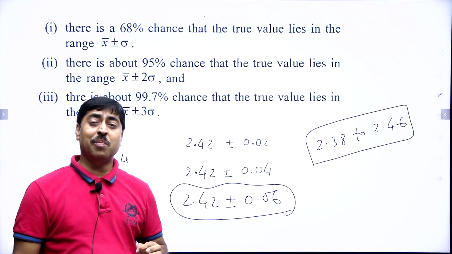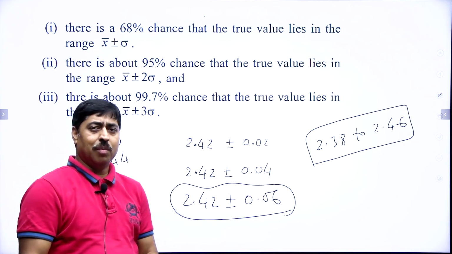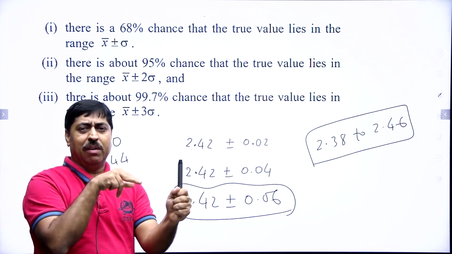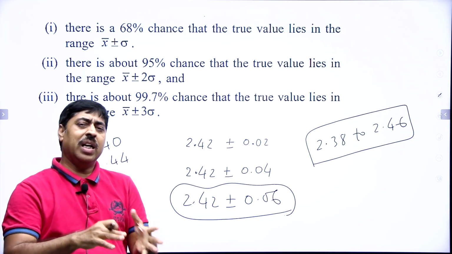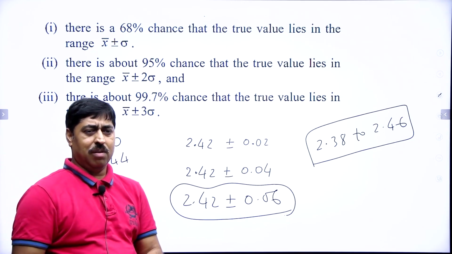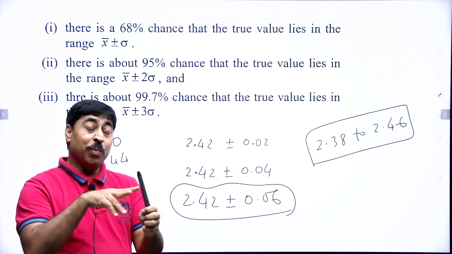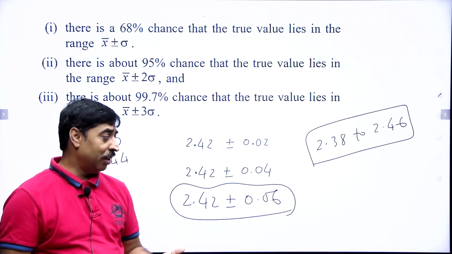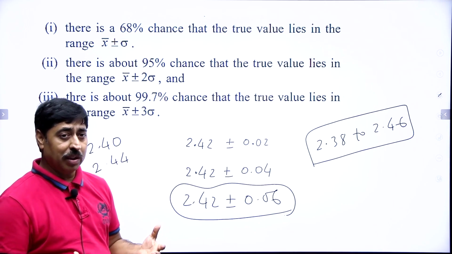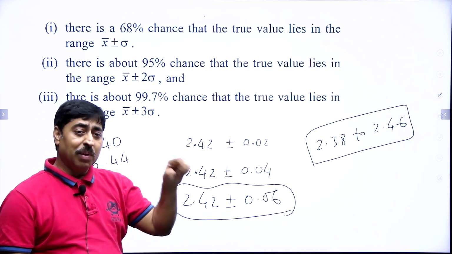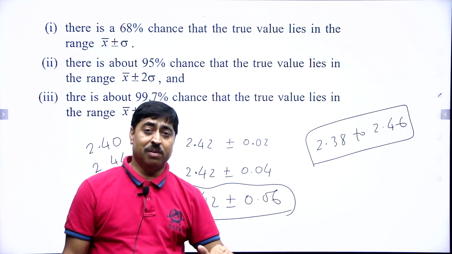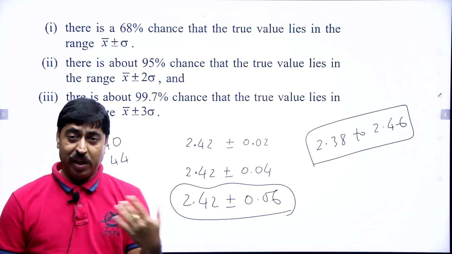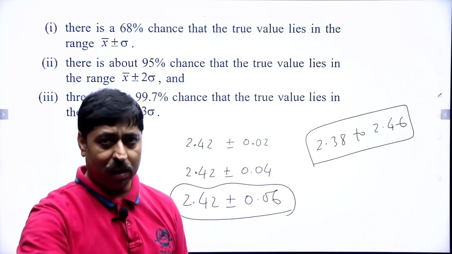That means if you make 1000 measurements of the diameter, then out of those 1000 measurements, 997 measurements will lie in this range. So, my confidence level is pretty high, but still it is not 100%.